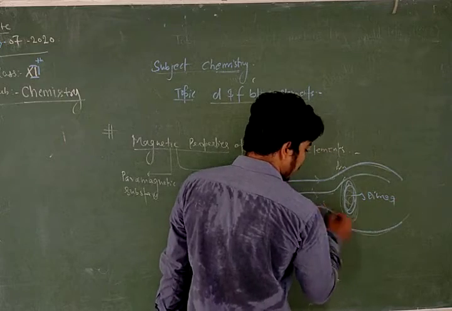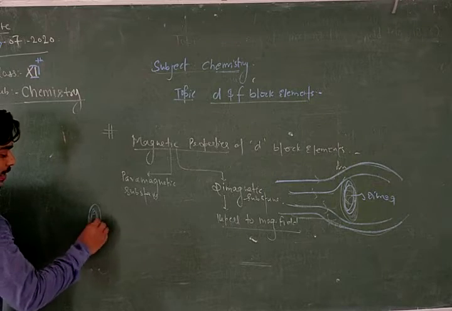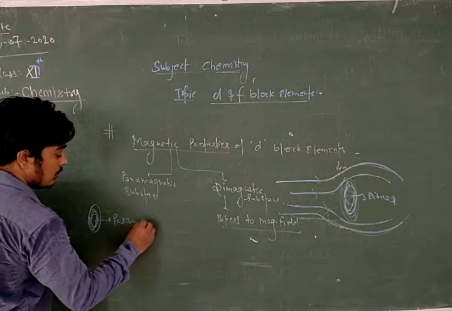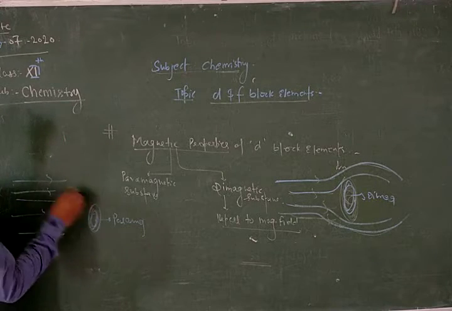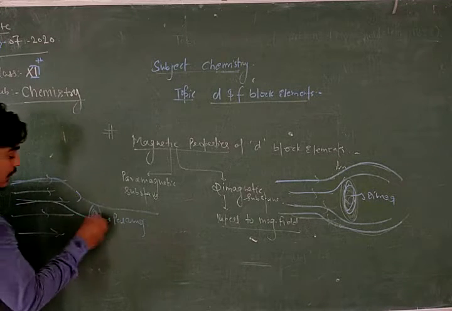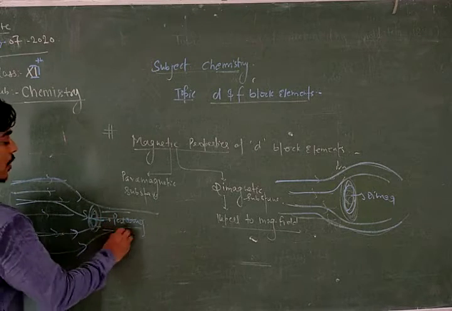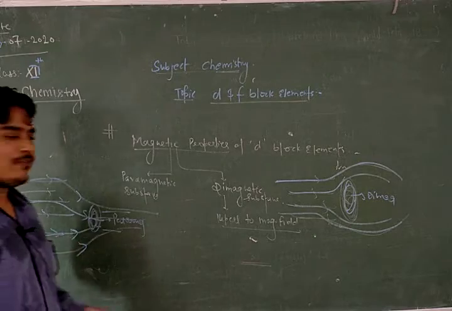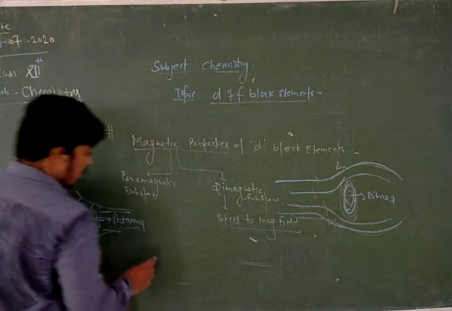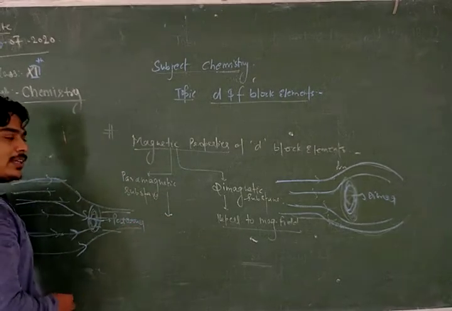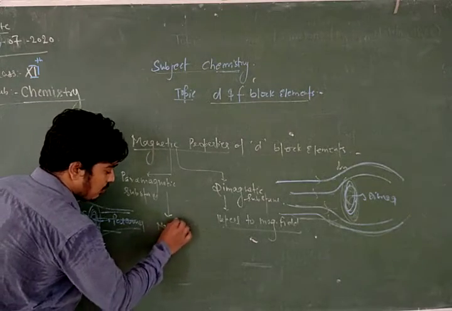This is the diamagnetic criterion. If you place a paramagnetic compound in front of a magnetic field, this paramagnetic substance will attract the magnetic field, means paramagnetic substance attracts the magnetic field while diamagnetic substance repels the magnetic field. So the paramagnetic nature of any substance depends upon the number of unpaired electrons.